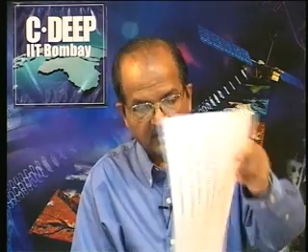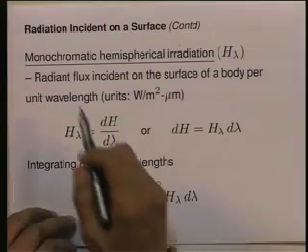So, we have defined two terms: H, the total hemispherical irradiation which is incident on a surface, and alpha, which is the total hemispherical absorptivity of the surface. Now, let us define two analogous terms for monochromatic irradiation. The next two terms we are going to define are concerned with monochromatic irradiation.